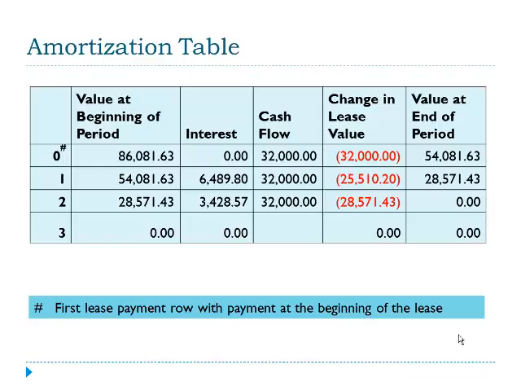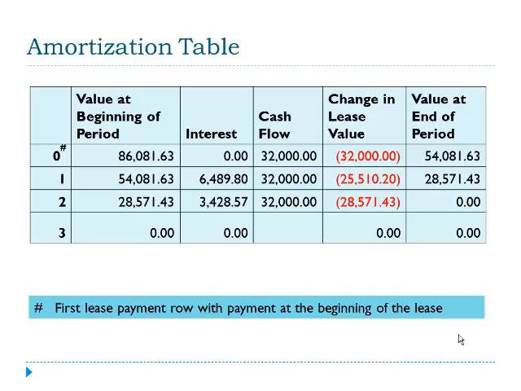That cash flow is more than the interest. Remember, we're using exactly the same principles we used previously, so the change in the lease value is that the lease obligation has a repayment of principal of $25,510.20.